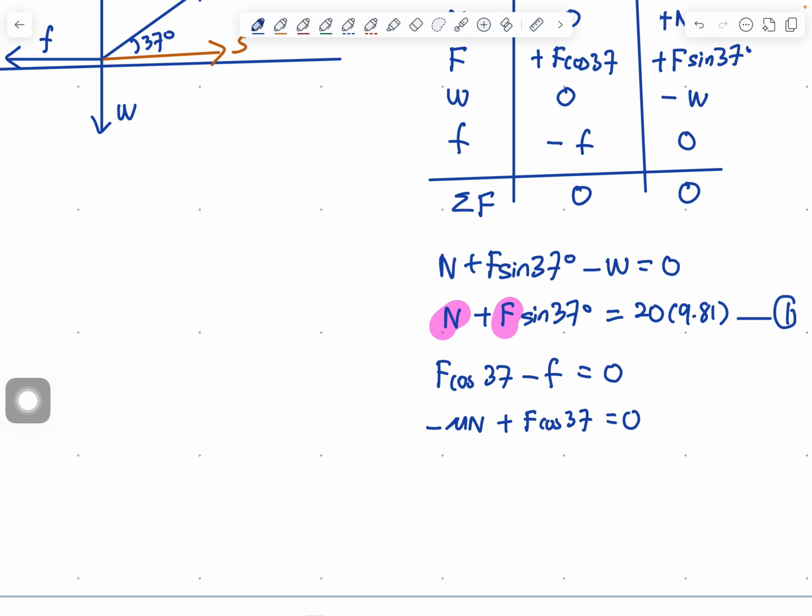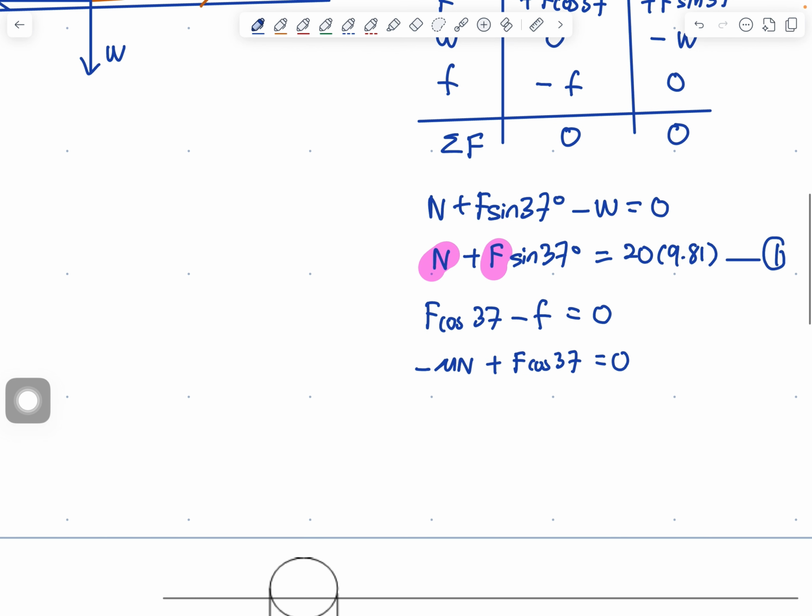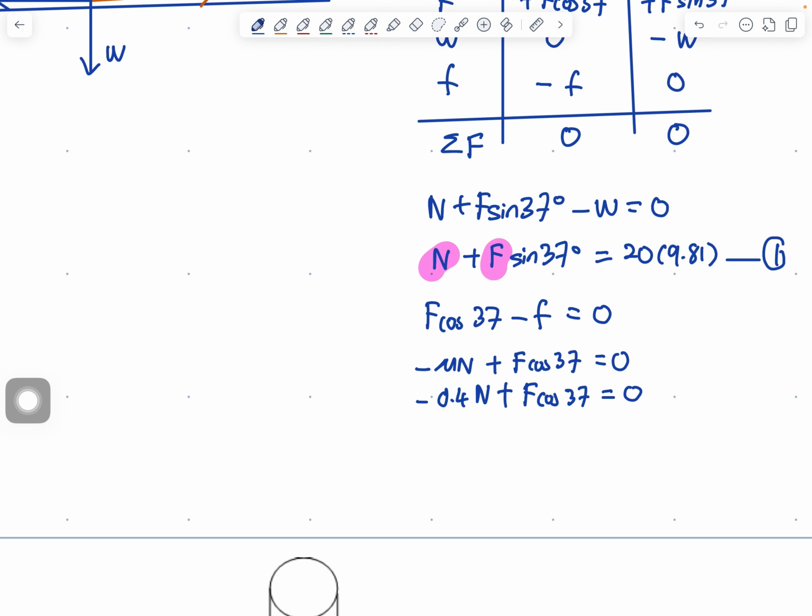I'm purposely rearranging the equation so my N comes first, and then my external force. Substituting in the coefficient of 0.4, negative 0.4 N plus F cos 37 equals 0. I'm going to put this as my equation 2.